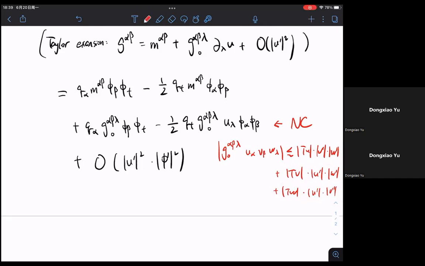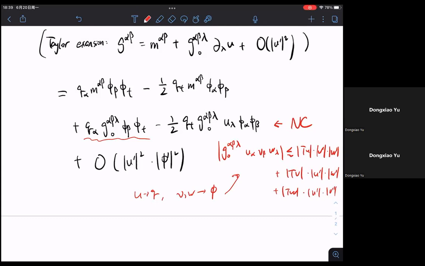In the first sum, in this term, you replace U with Q, V and W with phi in this estimate. If you do that, you will get the estimate for the first term directly.